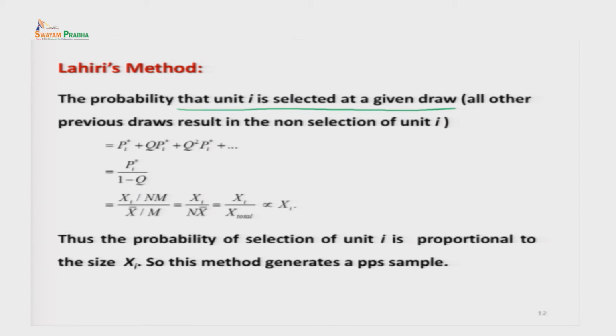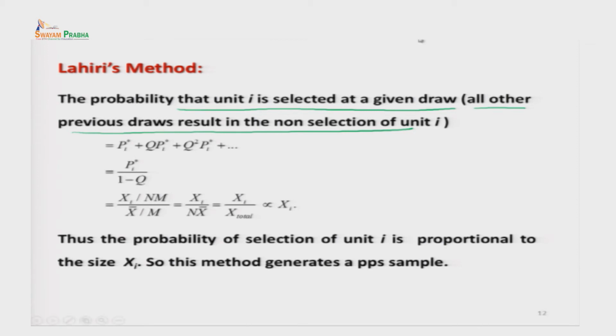Then, in case it is not selected in the first draw and not selected in the second draw, it is selected in the third draw. That means the unit will get selected in the third draw, provided it was not selected in the first and second draw, and so on. So, how to find out such a probability? Where all the previous draws result only in the non-selection of the ith unit.